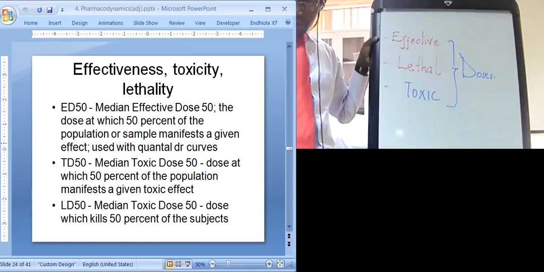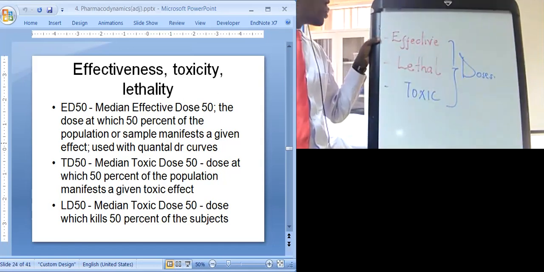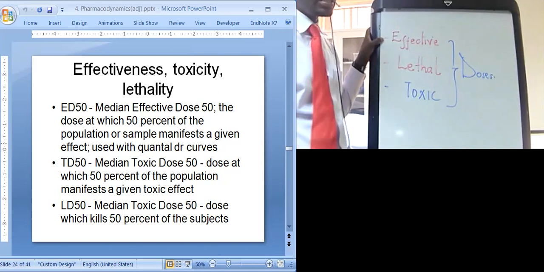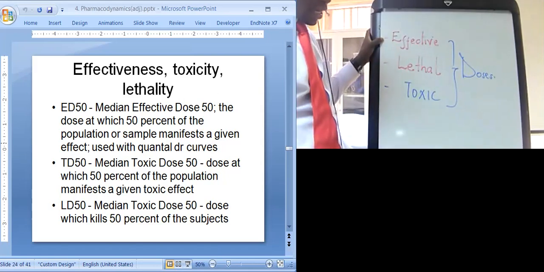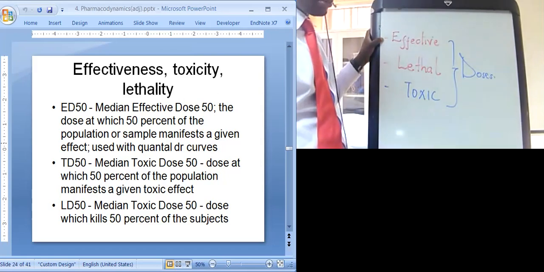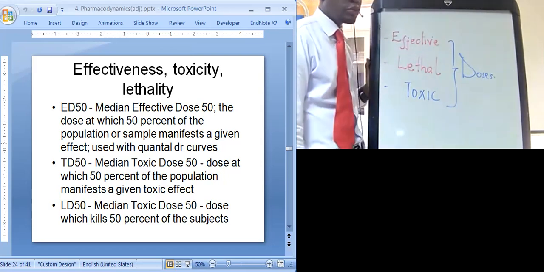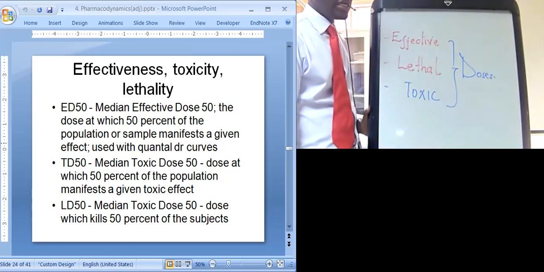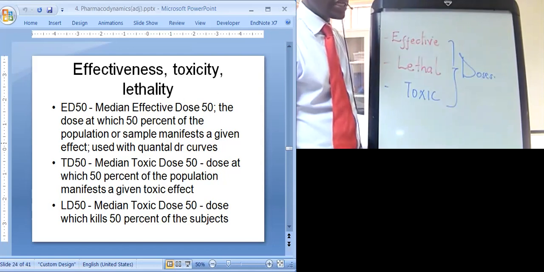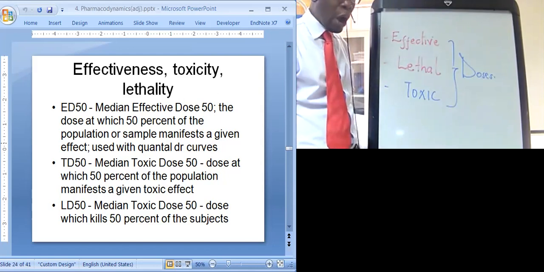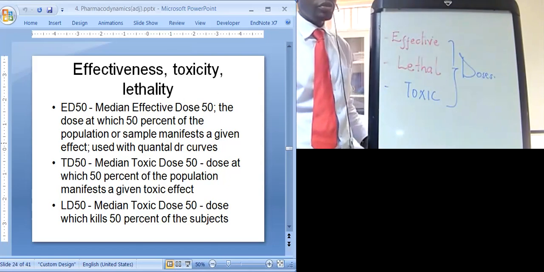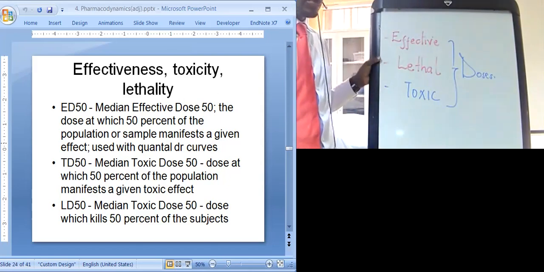So what do these figures mean? Effective dose, what we call ED50, is basic. As I mentioned earlier, for a drug to be put on the market, they need to know how much should be given for this drug to actually work.